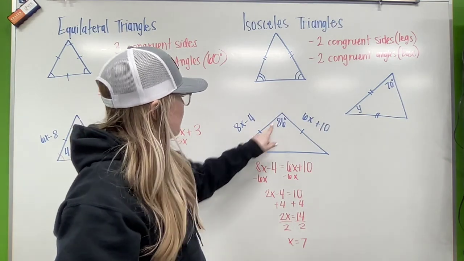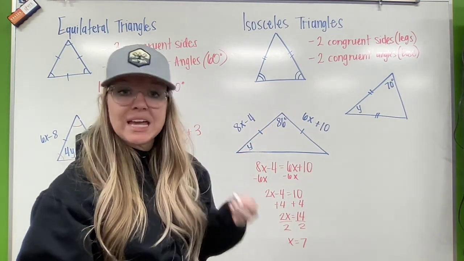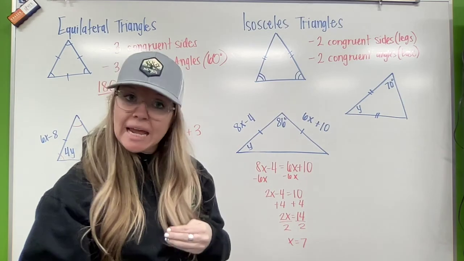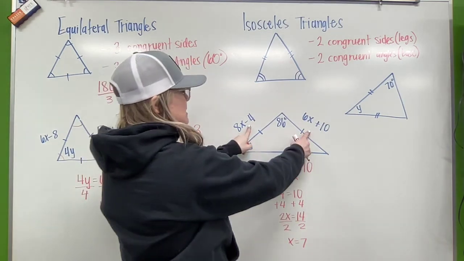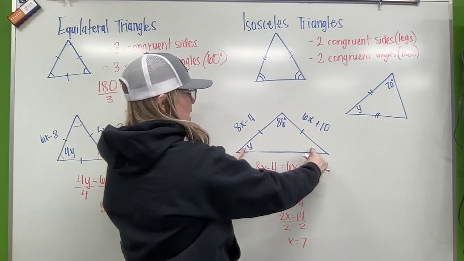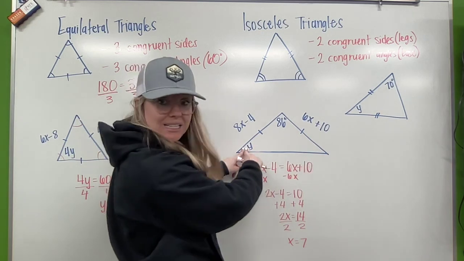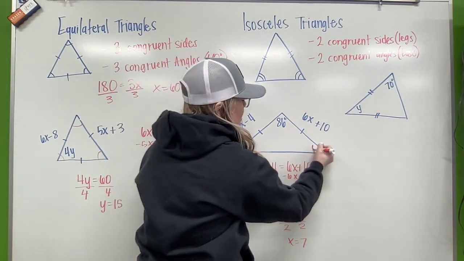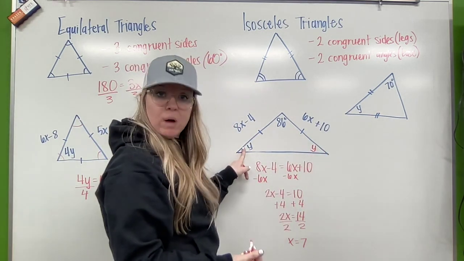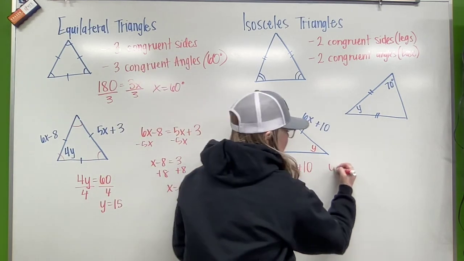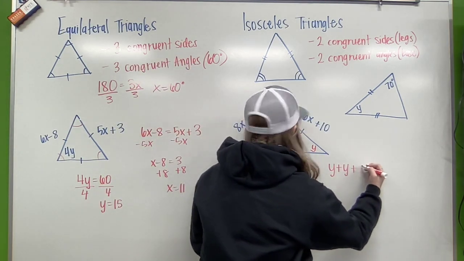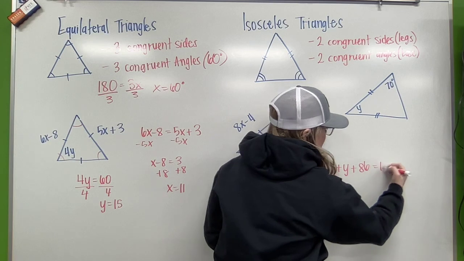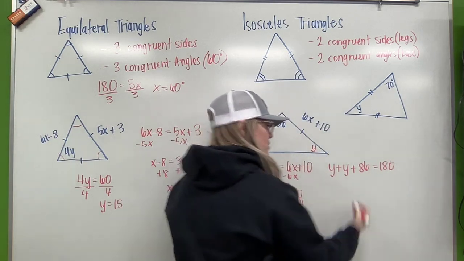All right, with my angles, we still know the interior angle sum of a triangle is 180. And since these sides are equal, these angles are equal. So since this angle is y, this angle will also be y. So now I have y plus y plus 86 equals 180 degrees.